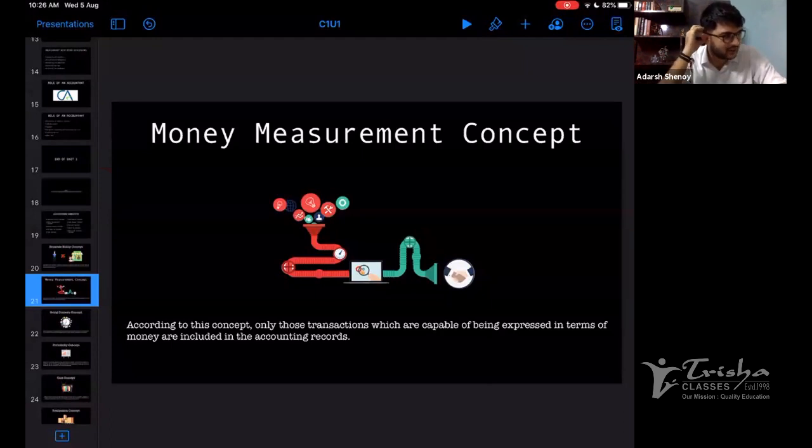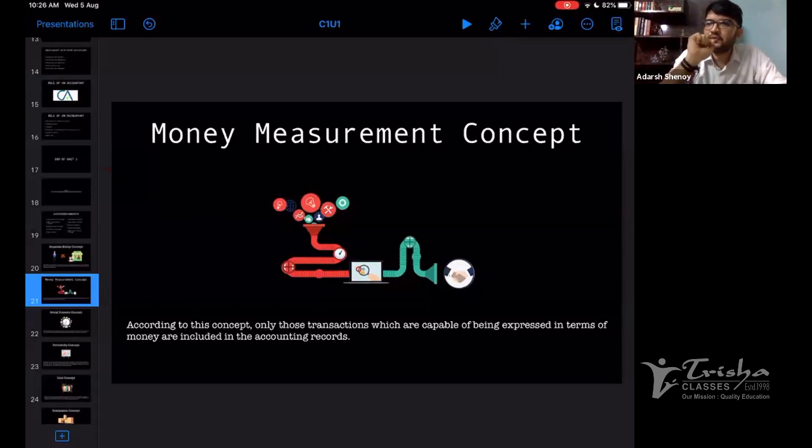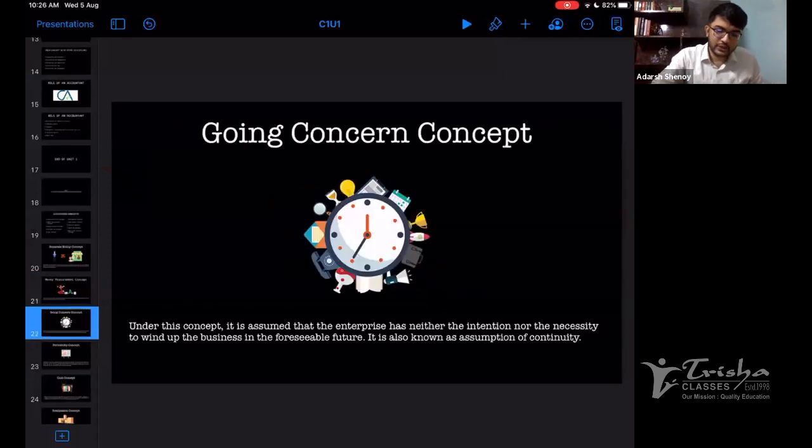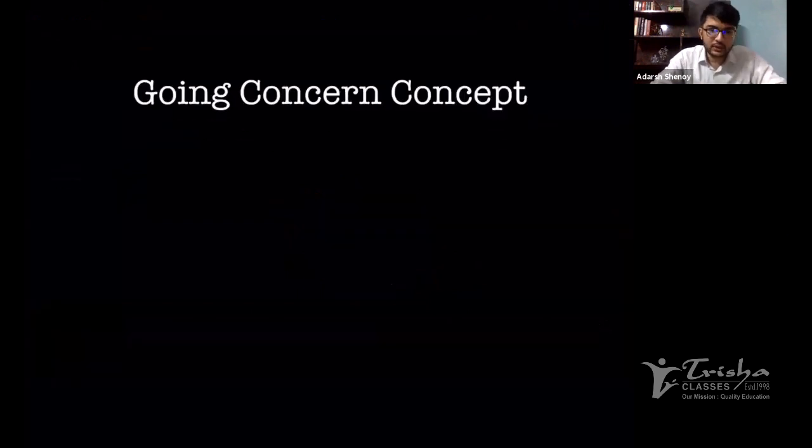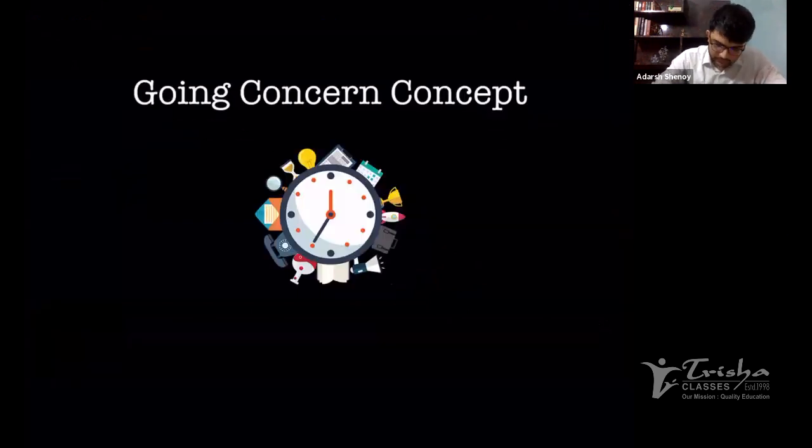Going concern concept says that the business will continue for a long period of time. Listen to me. Going concern concept says that the business will go on for a long period of time.